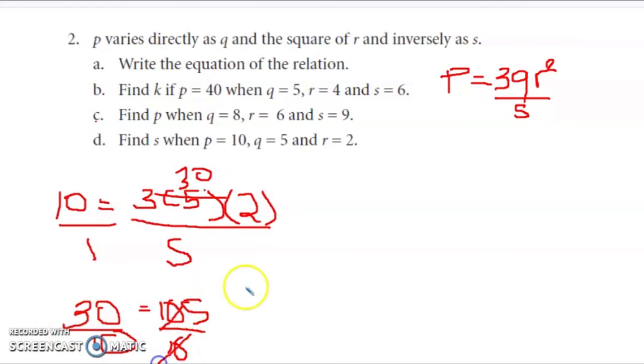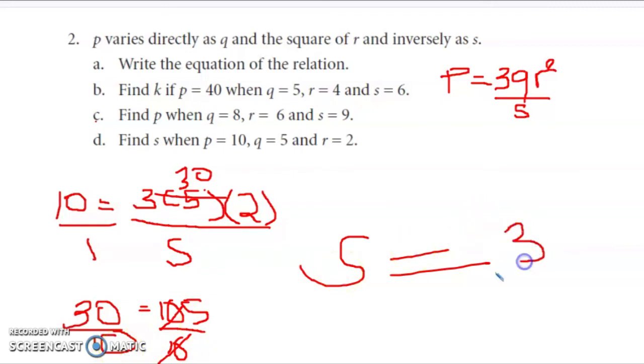And S now is equal to 30 divided by 10, which is 3. So that is already the answer. Now, how about the next problem?